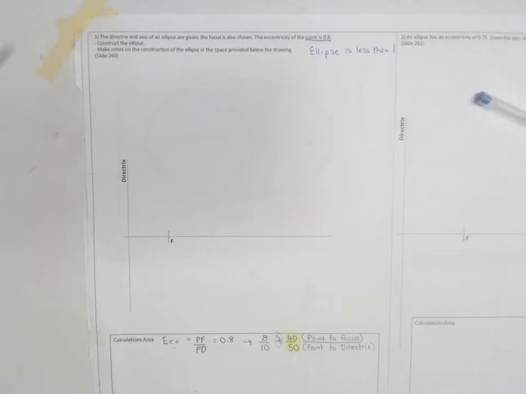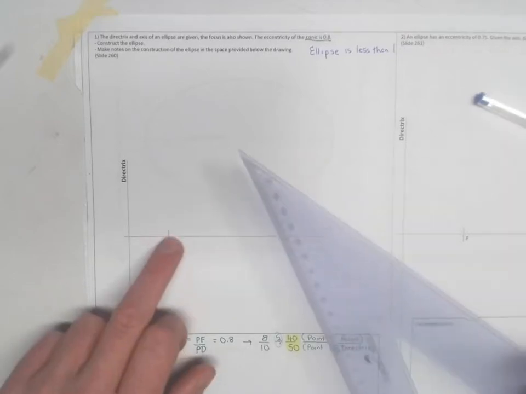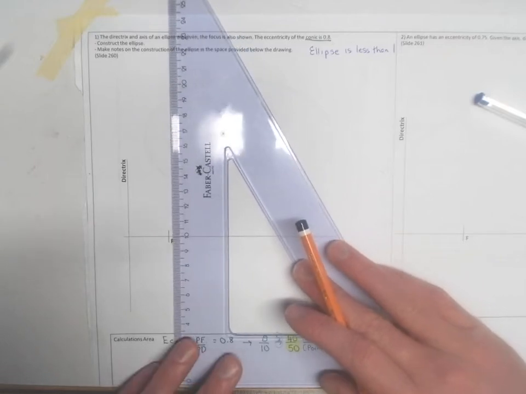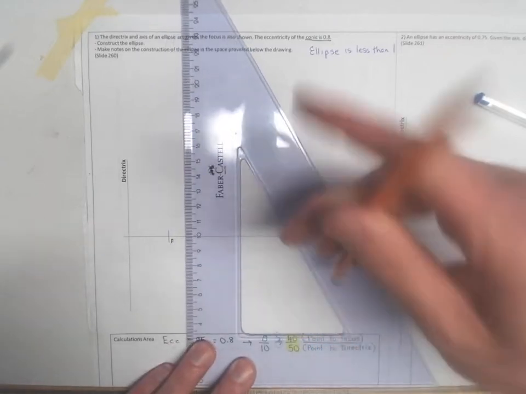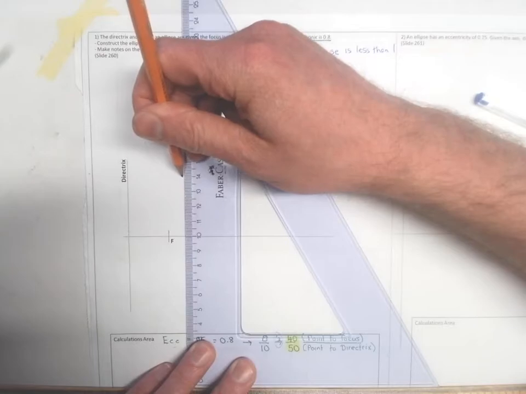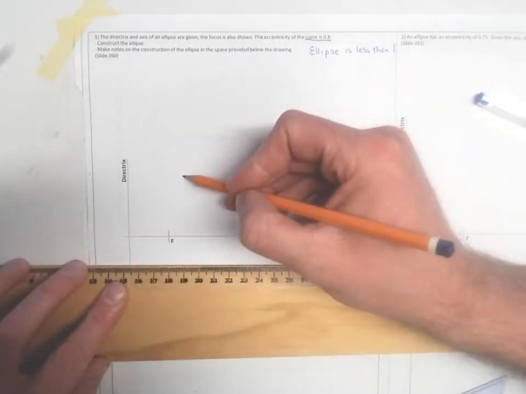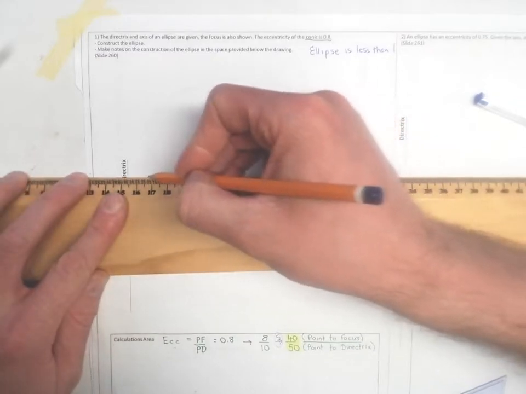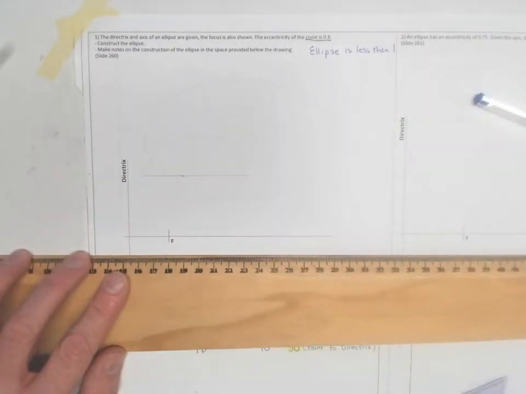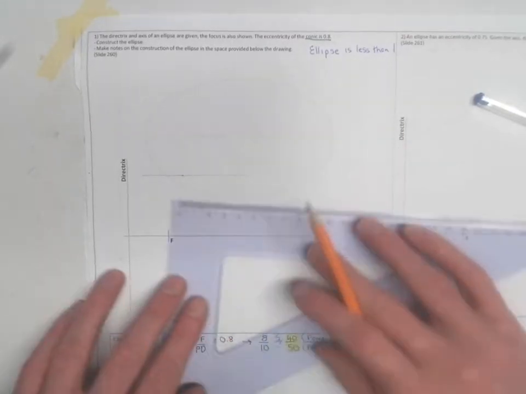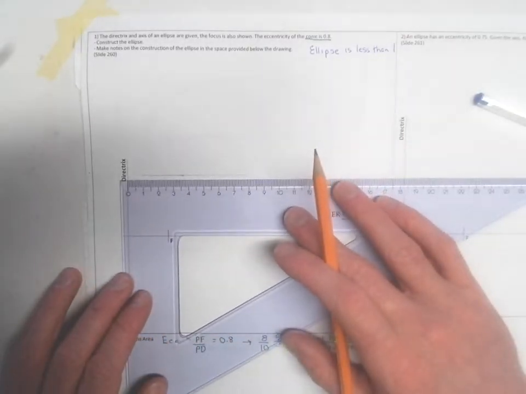So I'm going to start off drawing then. I'm going to draw a line up 40 for the moment, and I'm going to draw a light line across. And then I'm going to draw a line out 50, because it's 50 from the directrix.